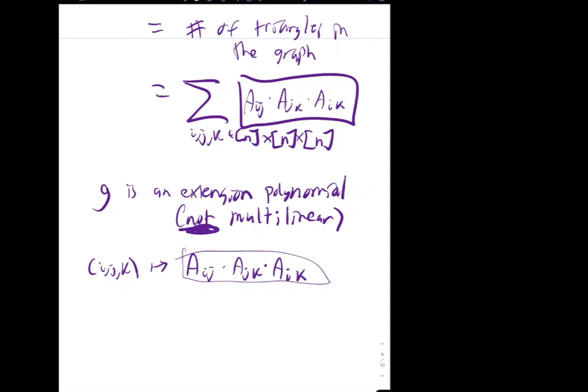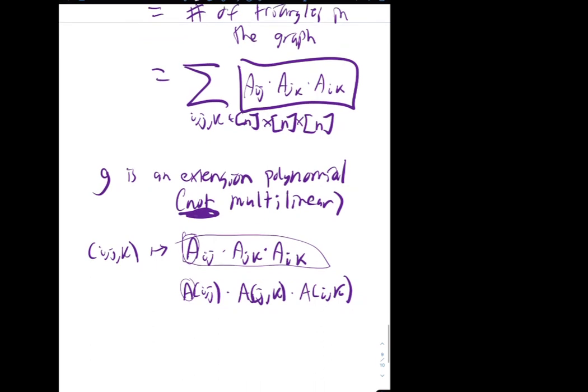But this is the same as a_ij, where now i and j are Boolean vectors of log n bits, times a_jk times a_ik. So I'm using A both to denote the matrix and the function that we're viewing the matrix as. And if I stick twiddles over everything, because that's the multilinear extension, you don't change the values when i, j, k are in {0,1}^(log n), or 3 log n if they're all together.